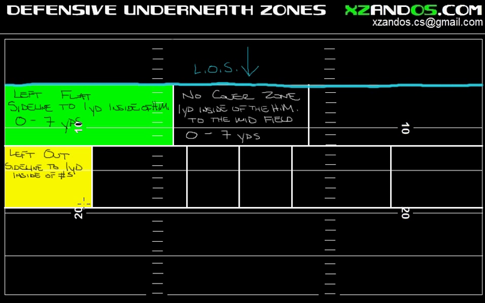You can see right here, the 20 is a number. Moving up here, I'll change colors so it's easier to see. The 20 is a number. The 10-yard marker there is a number. So this zone, the out, extends to 1 yard inside of the number, as you can see.